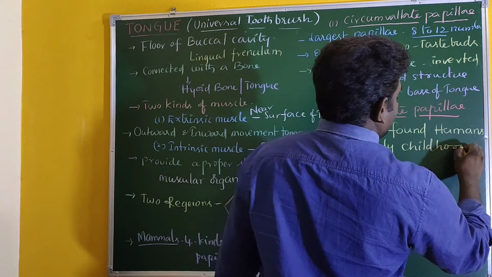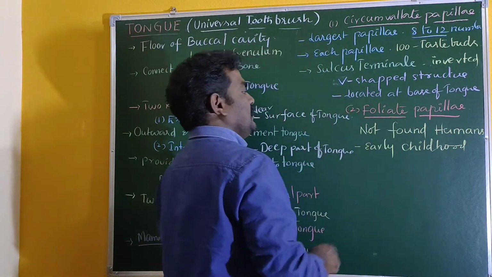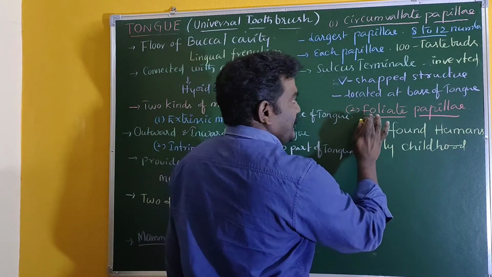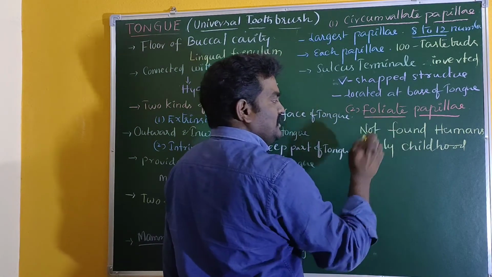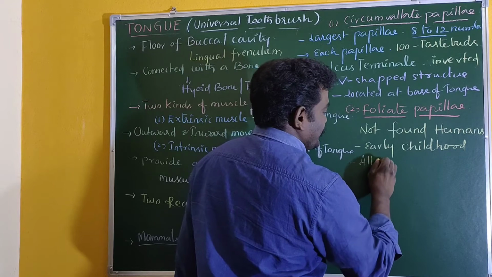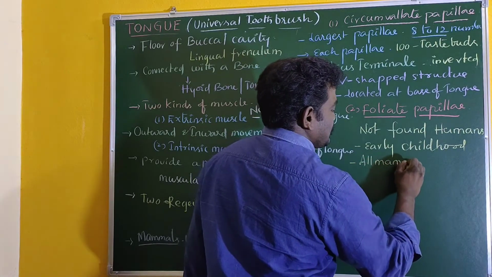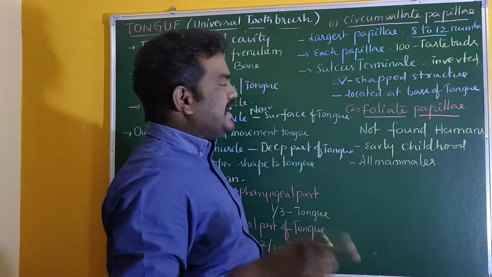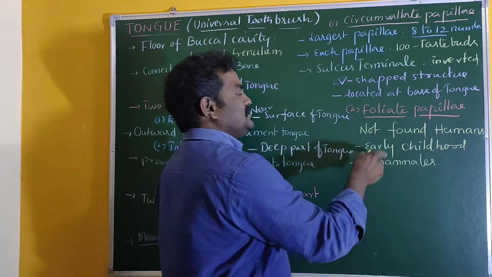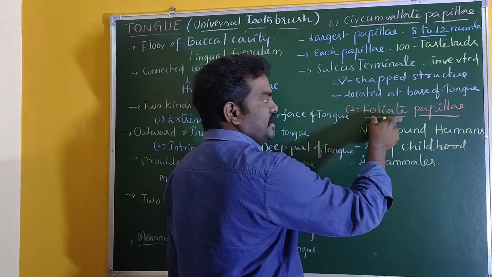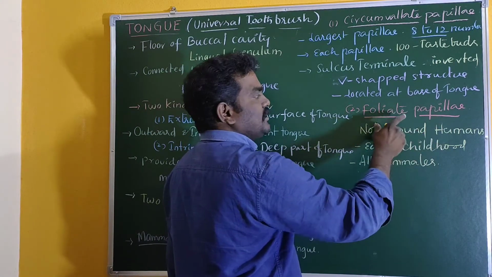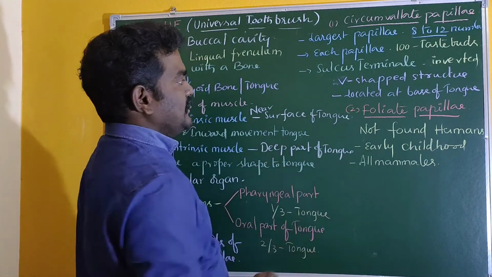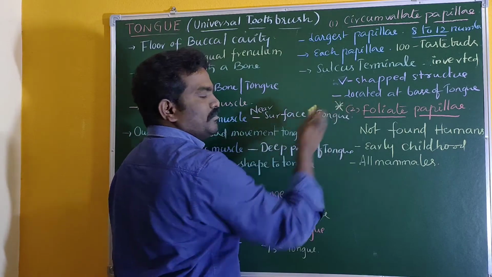All mammals bear foliate papillae except humans. In humans, they are noticed in early childhood stages, and in adults they disintegrate. That's why we cannot find foliate papillae in adult human beings. So these are absent in human beings.